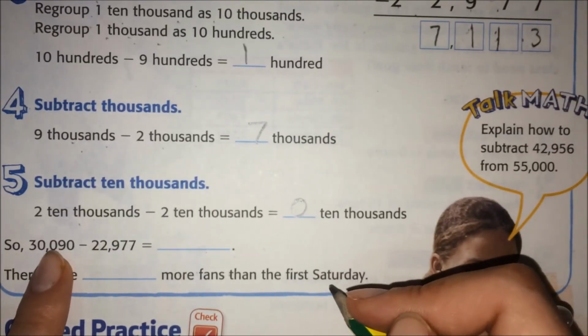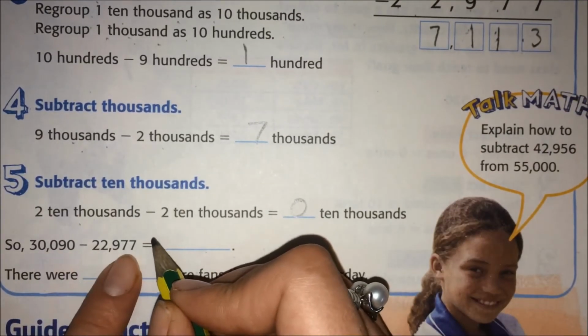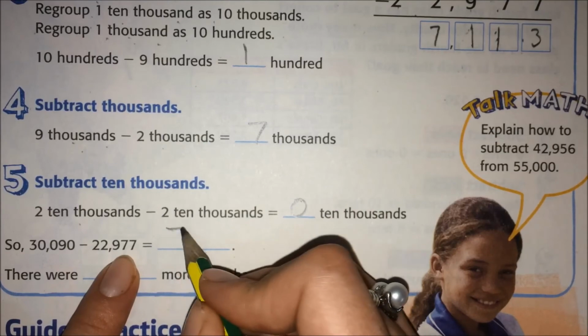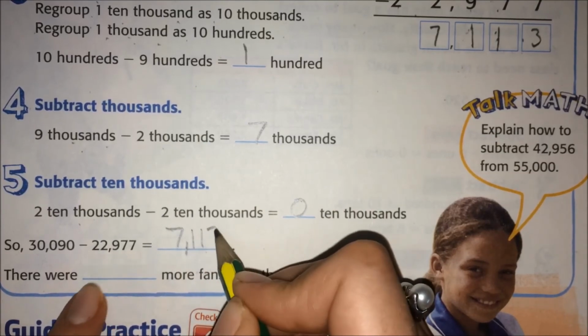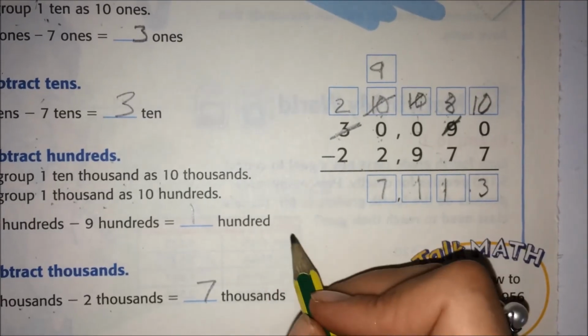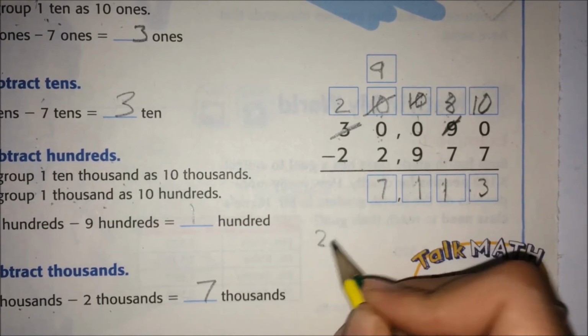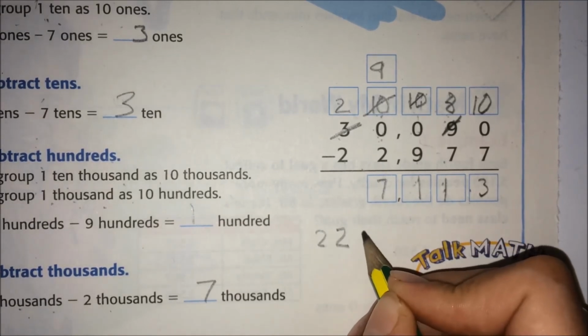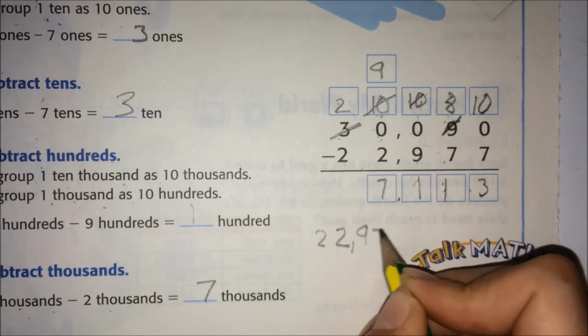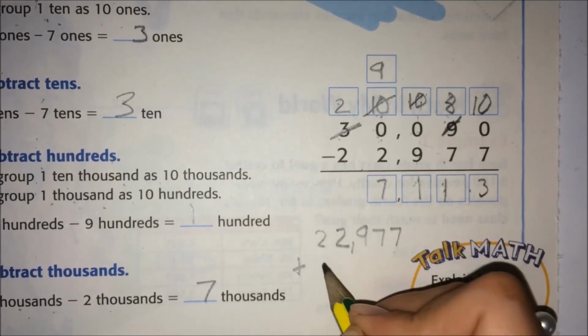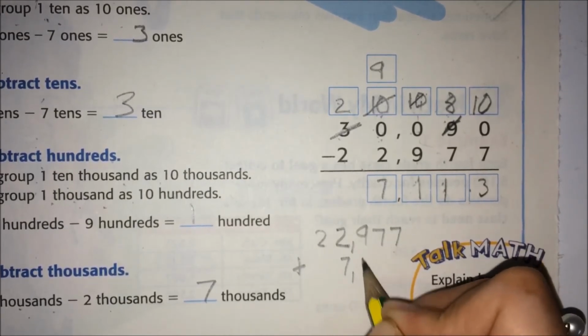So 30,090 minus 22,977 is 7,113. But remember, we were saved by our check last time, so let's do it just to be sure. It's always good to check.